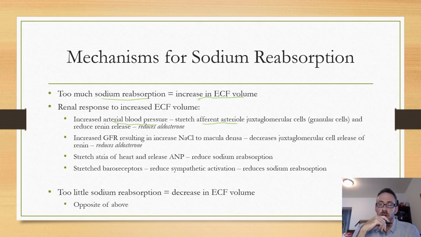And so here we have these specialized juxtaglomerular cells, also known as granular cells. And so it stretches these afferent arterioles because we have a surge in the volume. And that stretch is going to cause a reduction in renin release. So if we have a large volume, we stretch those cells, they reduce their renin release, which means we drop our angiotensin II levels, which subsequently is going to result in a drop in our aldosterone levels as well.